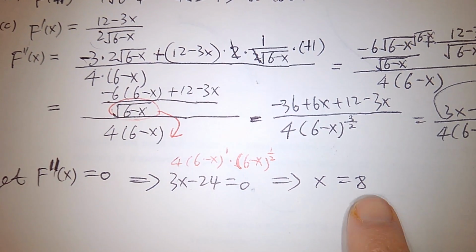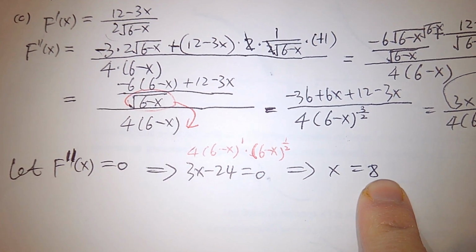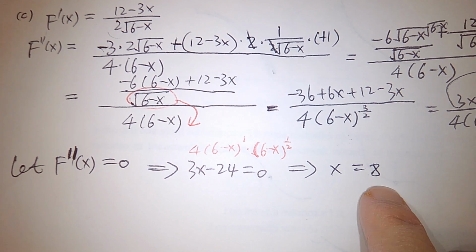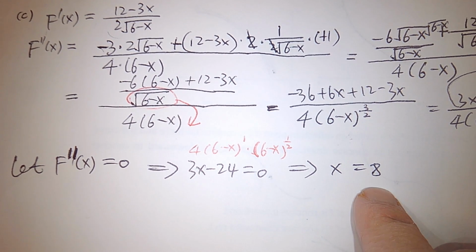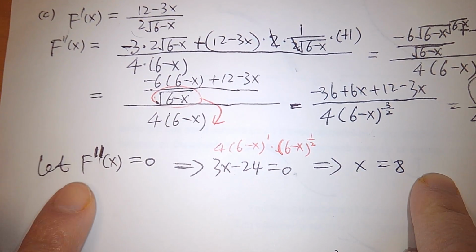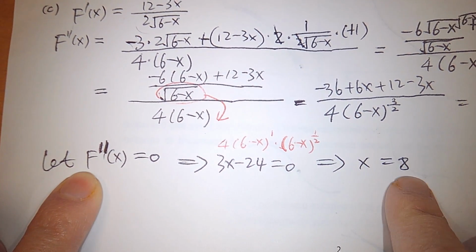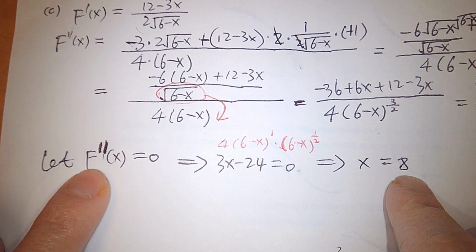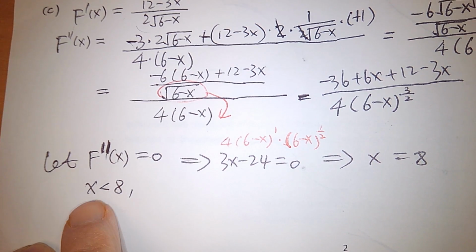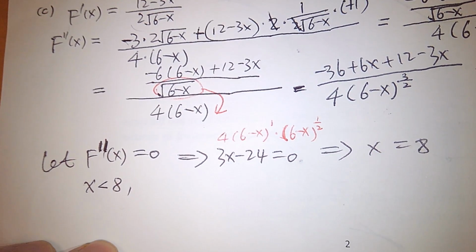8. Then, just like when we did the first order derivative, we find this number and use it to divide the number line. When x is less than 8, check f prime prime. When x is greater than 8, check f prime prime. So if x is less than 8, what is the sign of f prime prime?